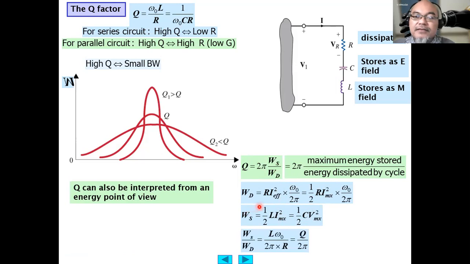So W_S, the maximum energy stored, divided by the maximum energy dissipated per cycle, equals this divided by this.